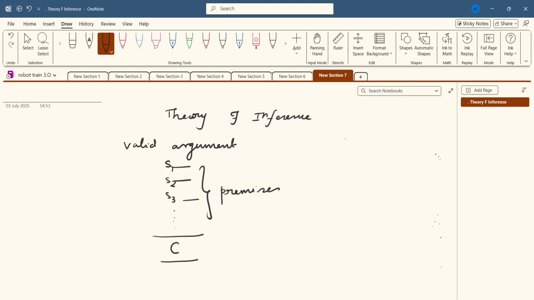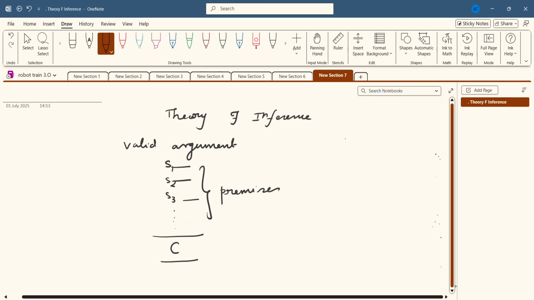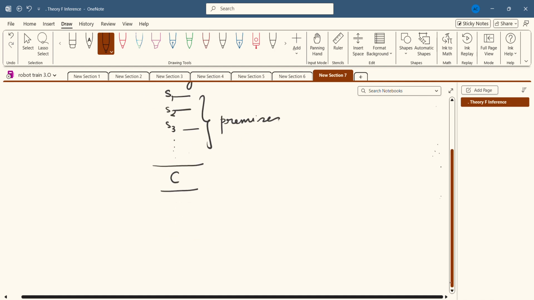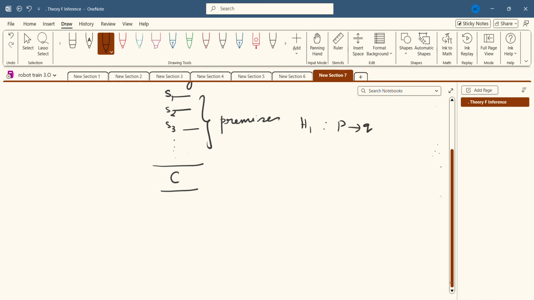For example, suppose we have the premises H1: P conditional Q, H2: P, then the conclusion is Q. So what is a valid argument?